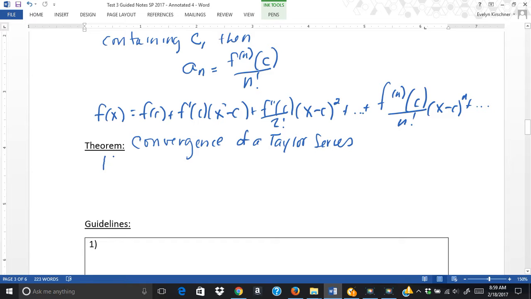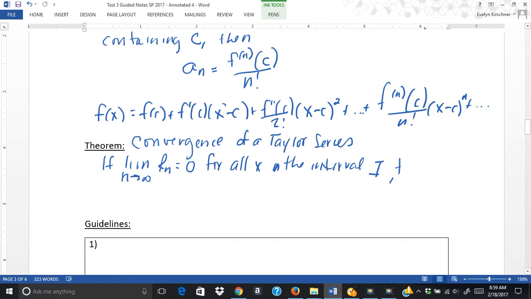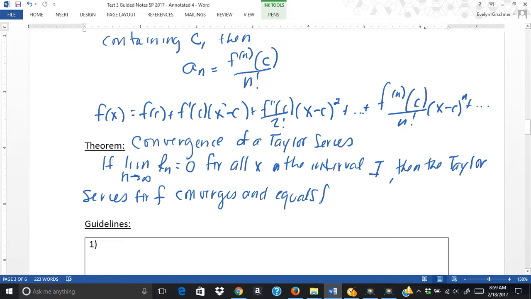It says if the limit of the remainder, as n goes to infinity, is 0 for all x in my interval, then the Taylor series that I wrote for f of x converges and actually equals the function I'm trying to approximate. And then we say that f of x equals that series.